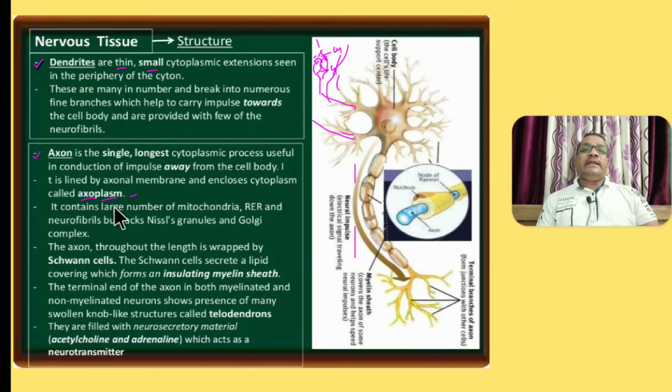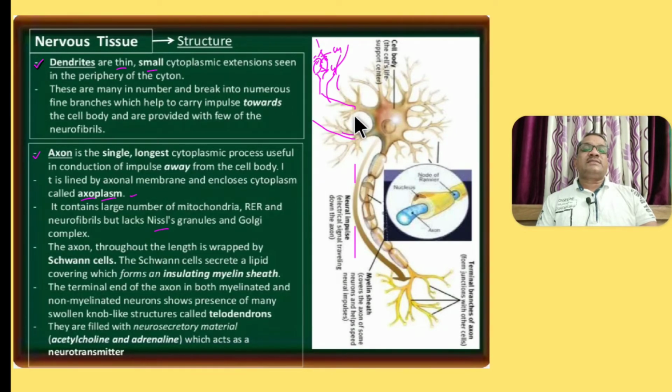It contains a large number of mitochondria. So, inside this axon a large number of mitochondria will be present, then rough endoplasmic reticulum will be present, neurofibrils will be present, but it lacks Nissl granules. So, in axon there will be absence of Nissl granules, and these Nissl granules were present in cyton.